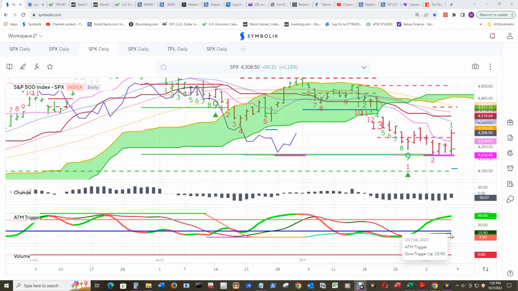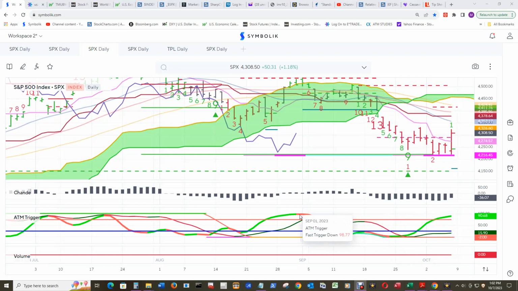First, this slow trigger ATM needs to get above its oversold 25 line here and start moving up. And the fast trigger has done nicely here, got above the overbought and is still on a slight upwards and to the right trajectory.